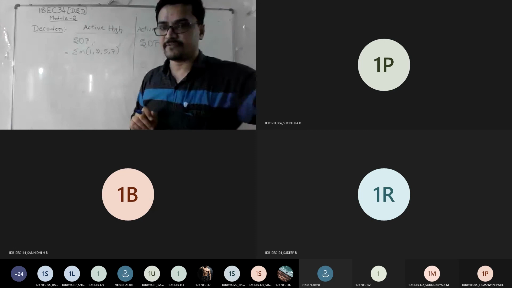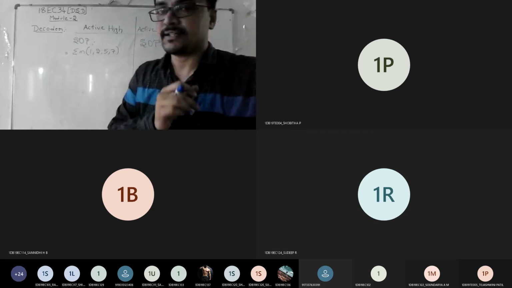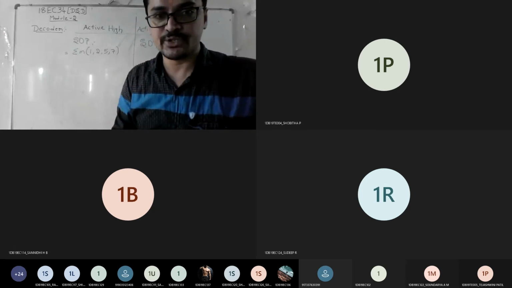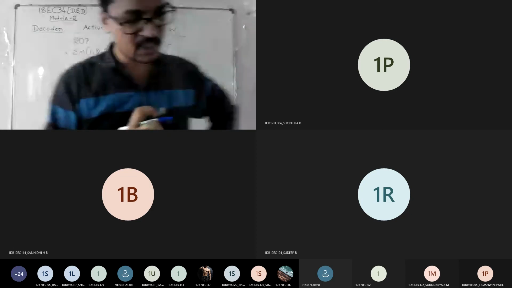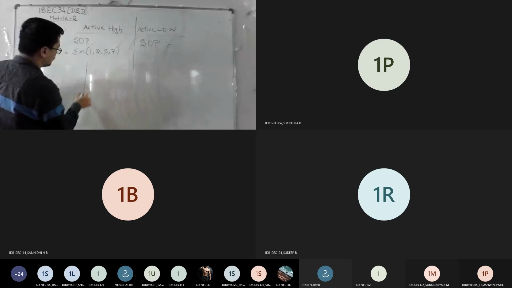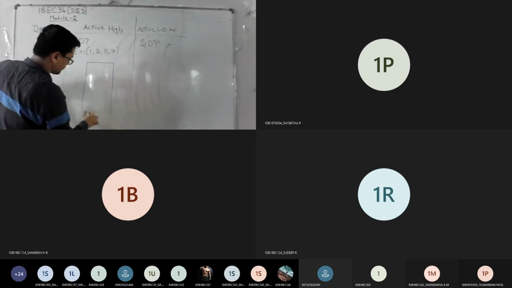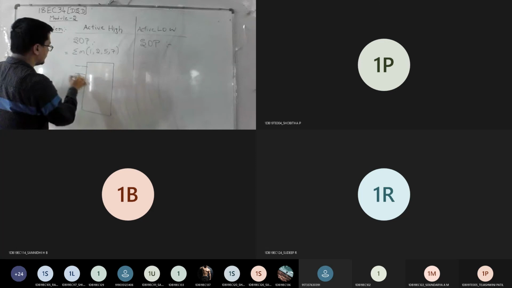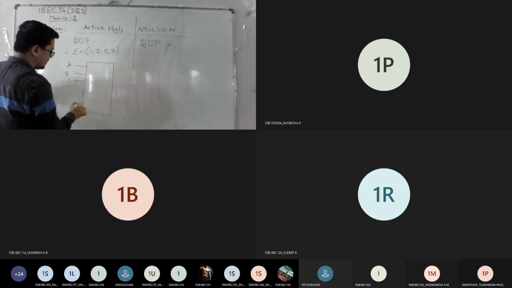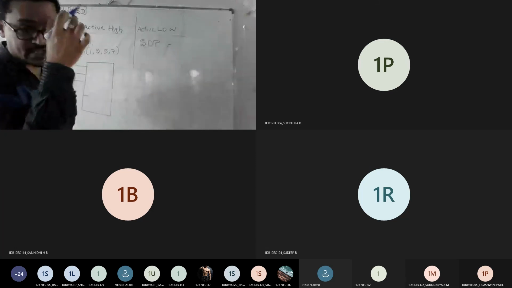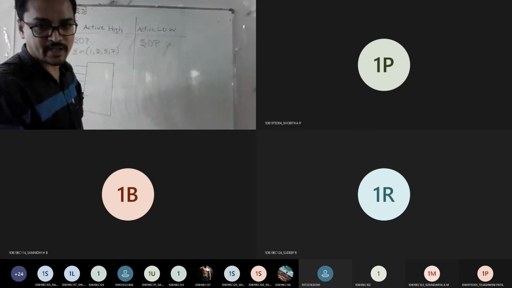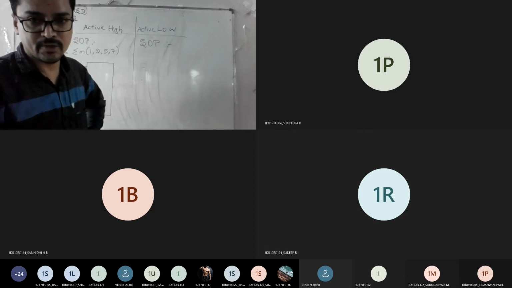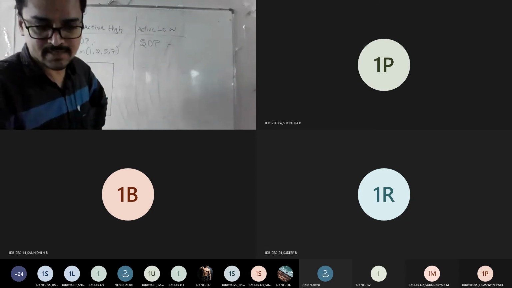Whenever the question says using decoder, it is understood you should write the IC, the 3:8 decoder IC. You'll have A, B, C as input, and the enable pins G1, G2, G3. In general, whenever you implement SOP and POS, your enable pins will be grounded.